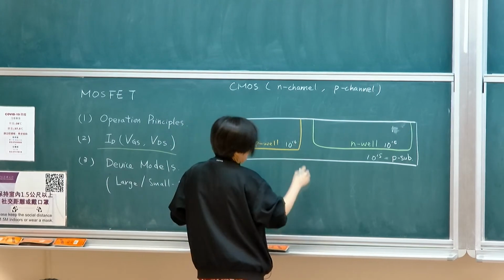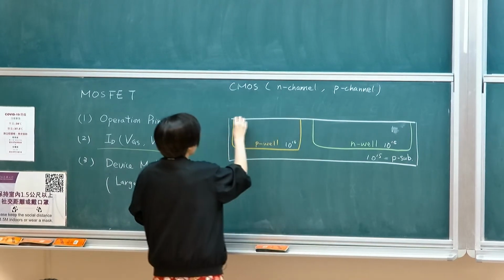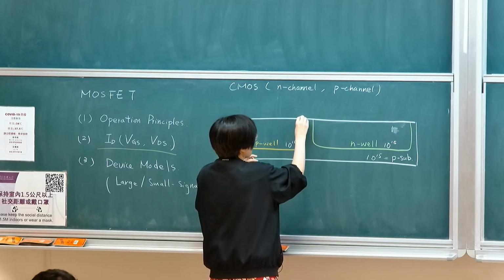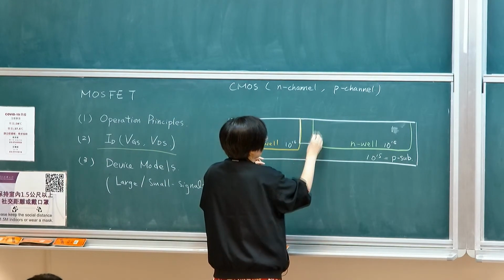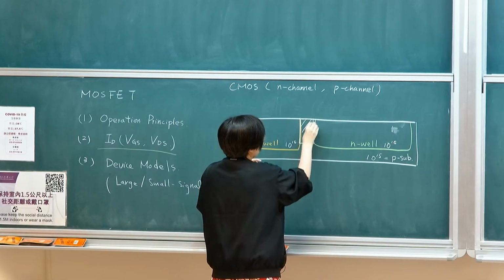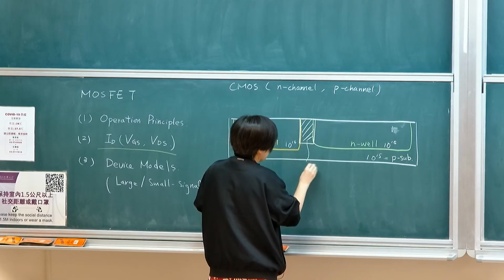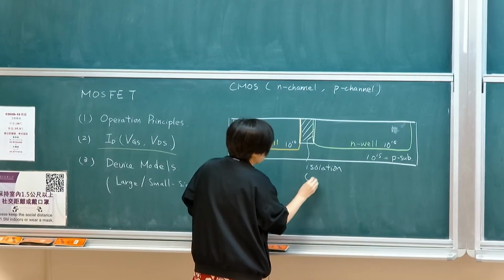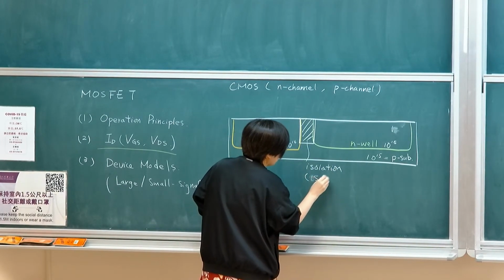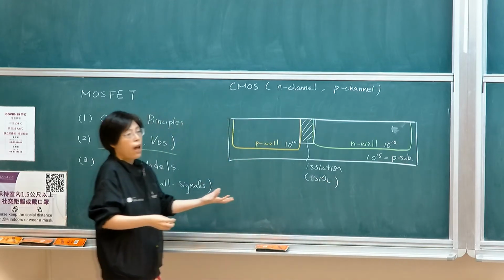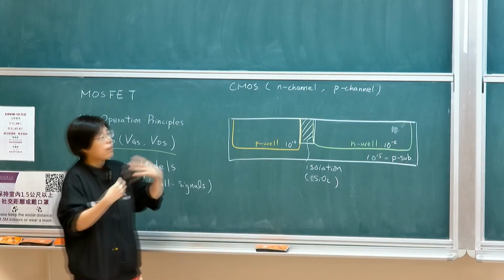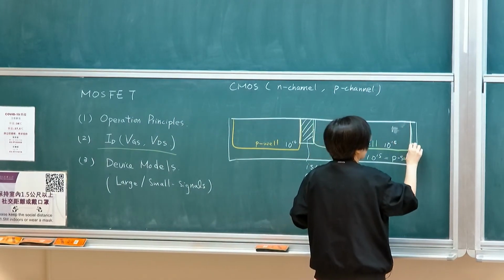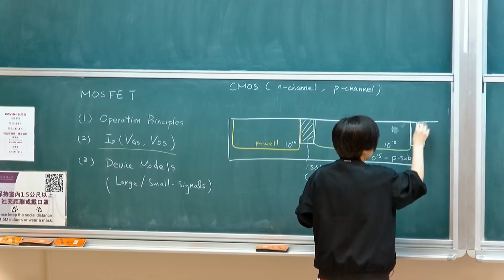So what can be done is, between transistors, for example, I have N and P, and then I could insert something called isolation. I'm just going to leave it as an isolation. Typically isolation materials are silicon dioxide, and silicon dioxide is a good insulator. So you insert an insulator, a thin glass.